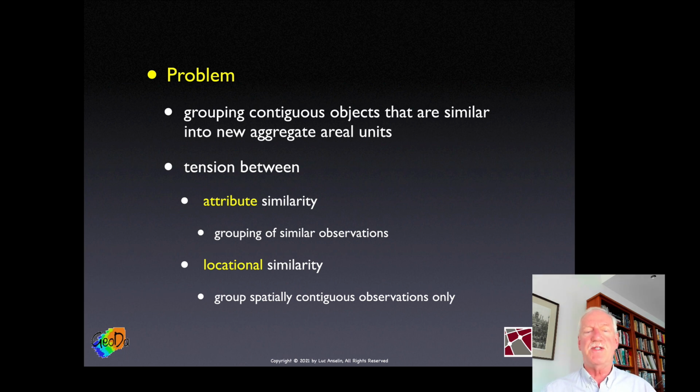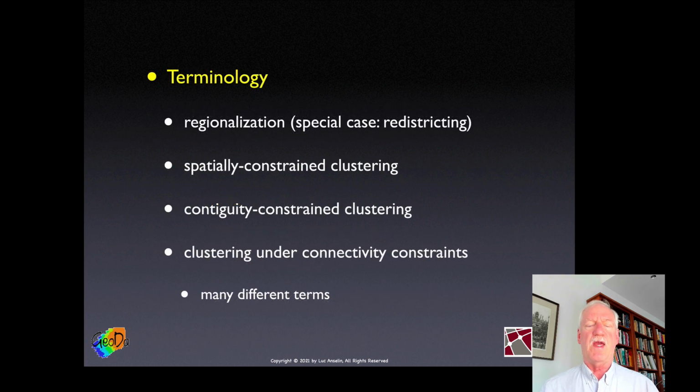So this tension between attribute similarity and locational similarity is central to the concept of spatial autocorrelation. It's also central to the concept of spatially constrained clusters. And the solutions to this problem have been around under a number of different terms. They've been developed in operations research, in machine learning, in geography.